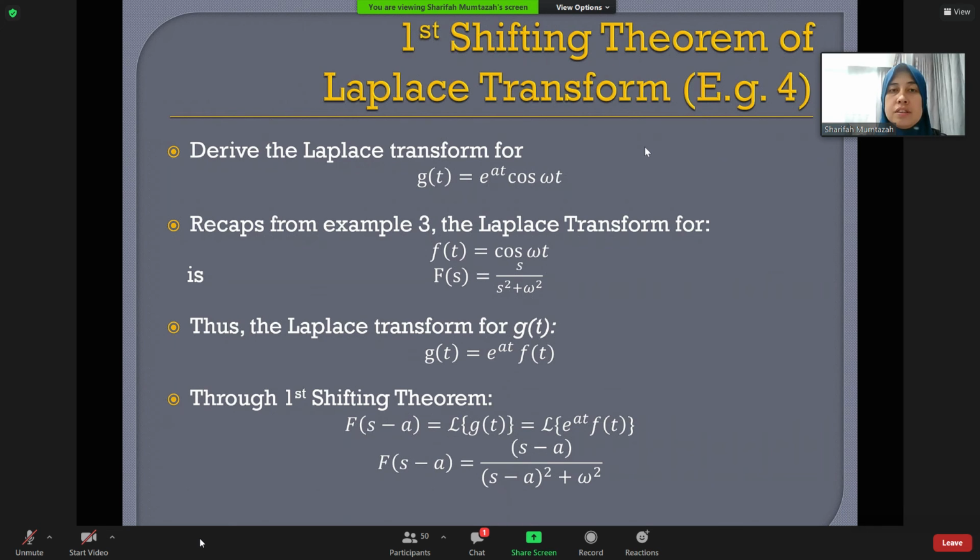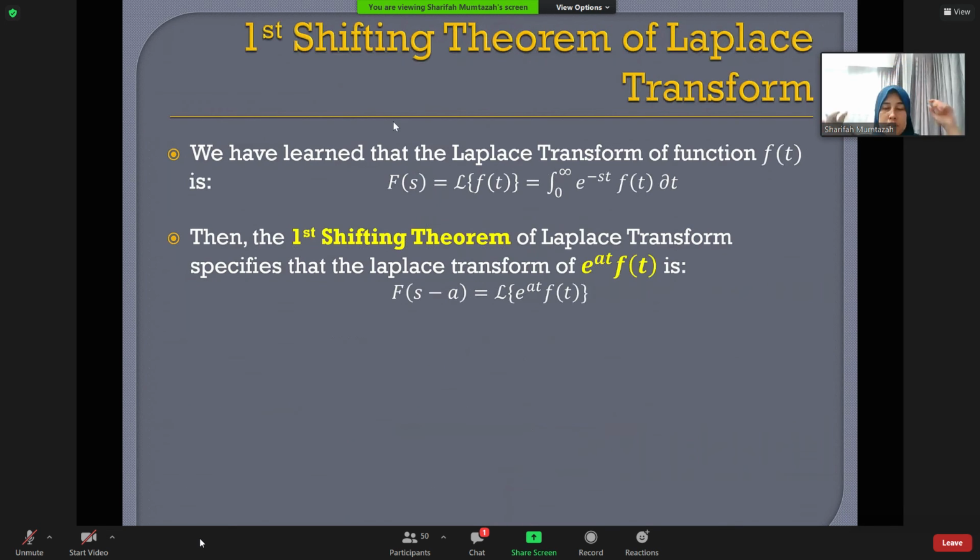The thing about Laplace is there's a whole lot of formulas, and one is the first shifting theory. The first shifting theory says, okay, if you remember here, this is your f(t), which goes into your Laplace transform, you get F(s).